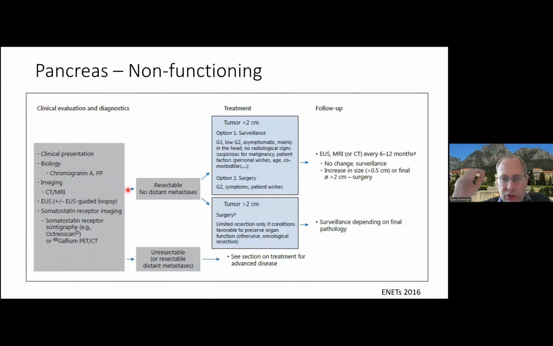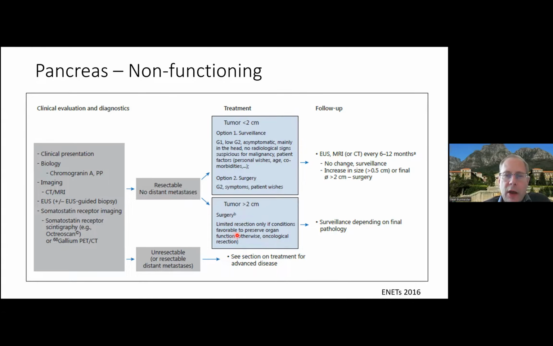Now, we mentioned the issues around size. The first thing to remember: if you have a resectable lesion, no distant metastases, although we've mentioned that does not necessarily exclude you from surgery, but certainly if you have an isolated lesion greater than 2 centimeters, that should be resected.